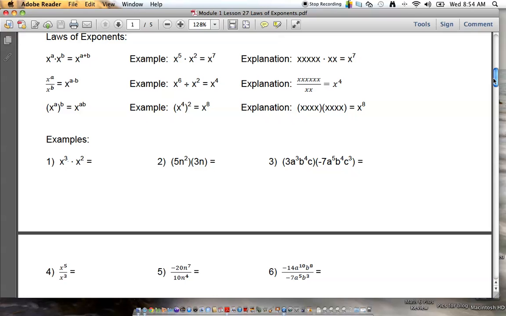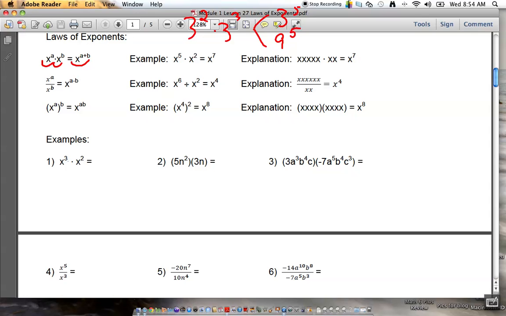Okay. Likewise, if we are multiplying, same base, keep that base all the way through, add the exponents. Which one of those is true? Top one.